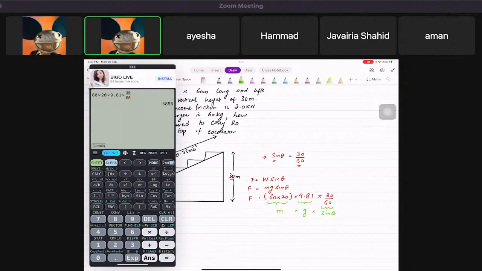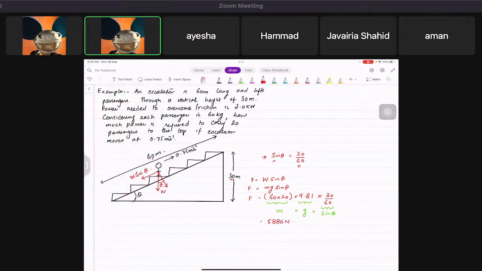The force is going to come out as 5886 newtons. This is the force needed to raise the passengers from bottom to top. Now we need to find the power.